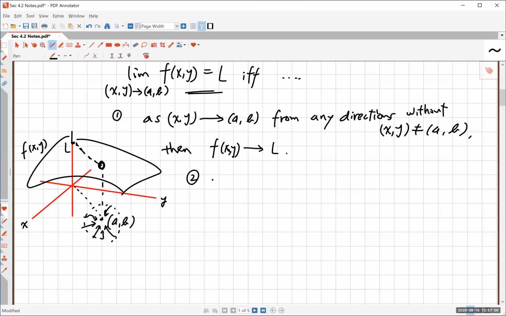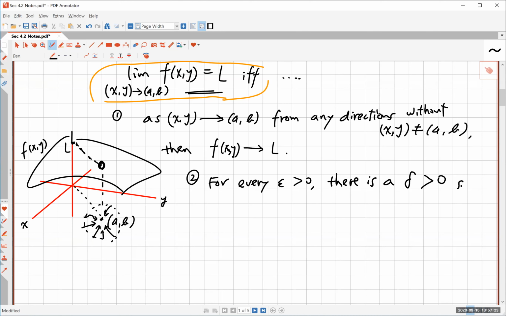We say, again, let's just highlight this, the limit of f of x, y as x, y approaches a, b is equal to L if and only if, for every epsilon greater than 0, there exists a delta greater than 0 such that whenever, now this is a tricky part, right?